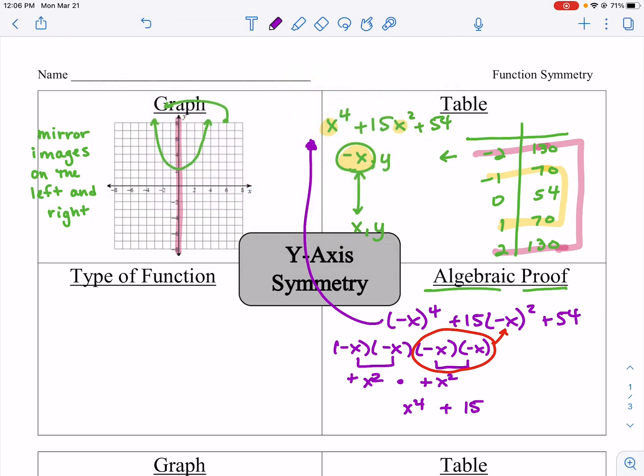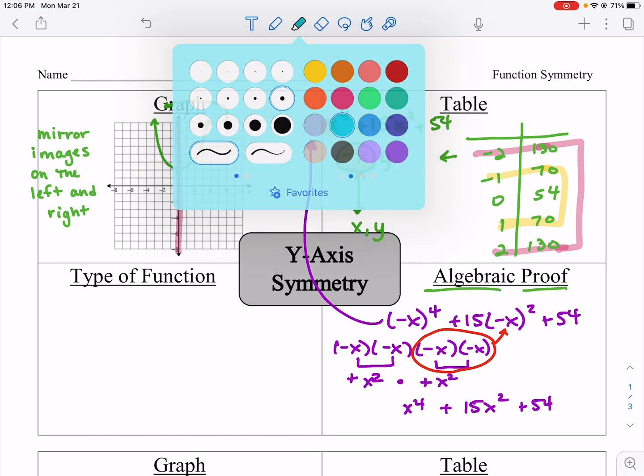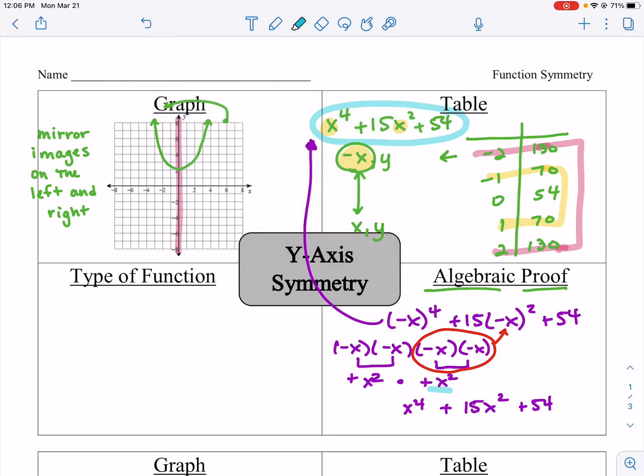So plus 15x squared plus 54, and hopefully what you notice is that the original function, this right here, and the function after I plugged in a negative x, they are identical. So this would say this is a proof. I just proved that they're the same. And once you do that, that then proves that it's a certain type of function.